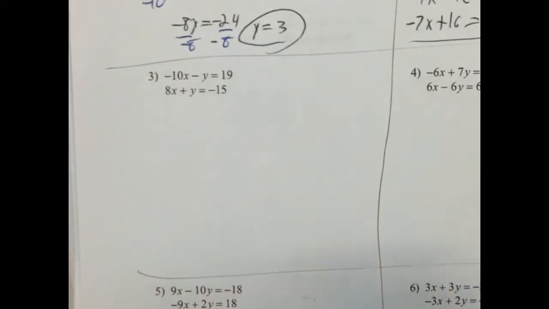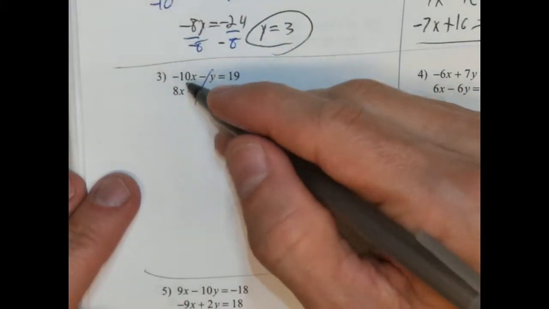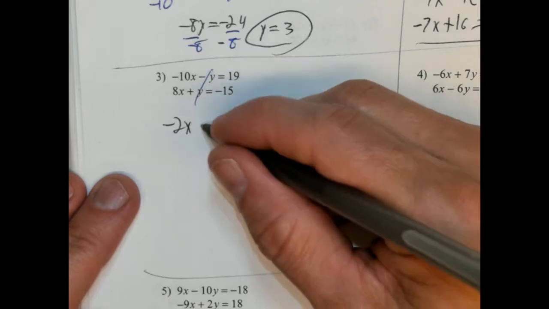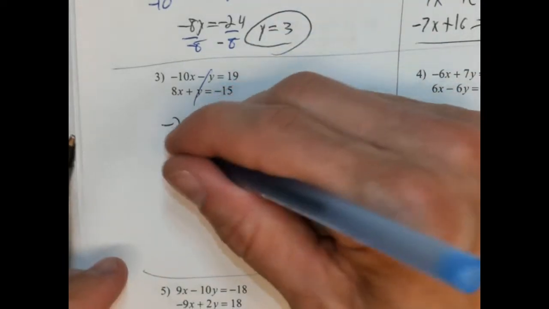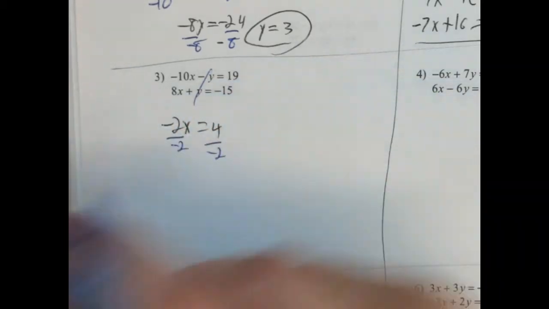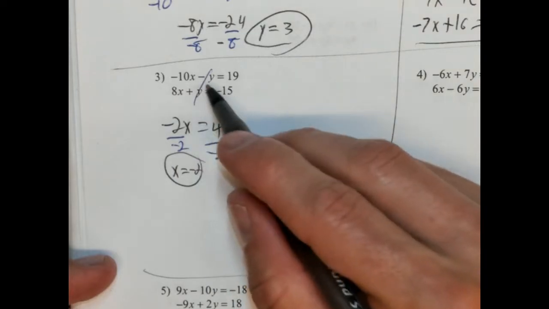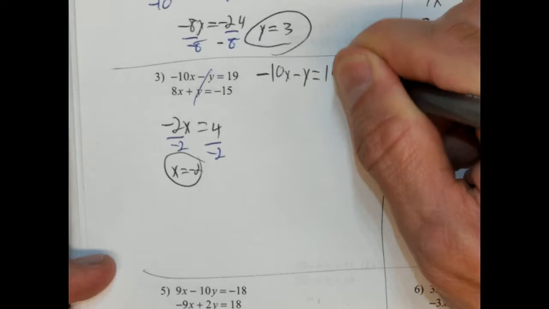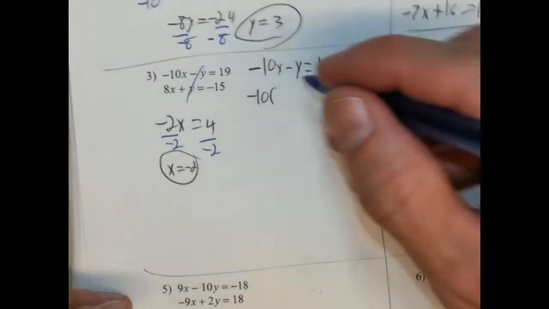All right. Number 3. The y's are going to cancel because you have -y plus y. -10x minus 8x would be -2x. Equals, let's see, 19 minus 15 would be 4. So let's divide by our coefficient, which is -2. And x will equal -2. All right, let's plug it into one of these. Let's go to the top one. So -10x minus y equals 19. -10, but instead of x, we're going to plug in our value, which is -2.